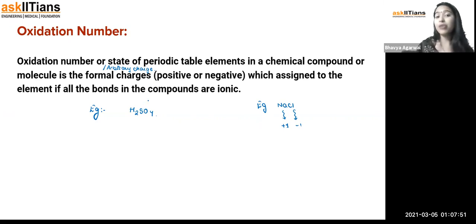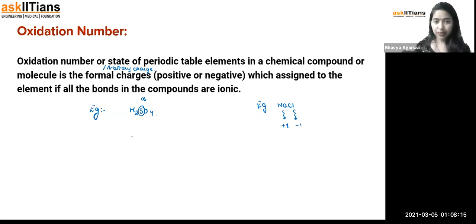But suppose I talk about a covalent molecule, sulfuric acid. Now, in that, what will happen? There is no charge. So I have to find out the oxidation state of sulfur. The simple definition is that oxidation state is the arbitrary charge or the left out charge when the other atoms are removed in the form of their ions.